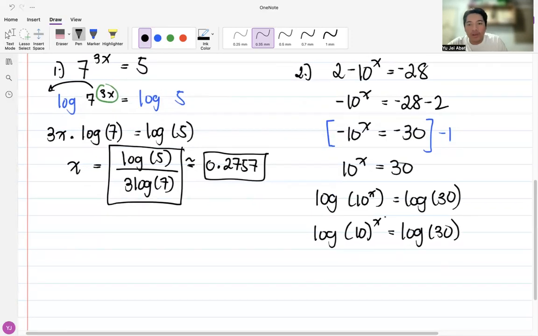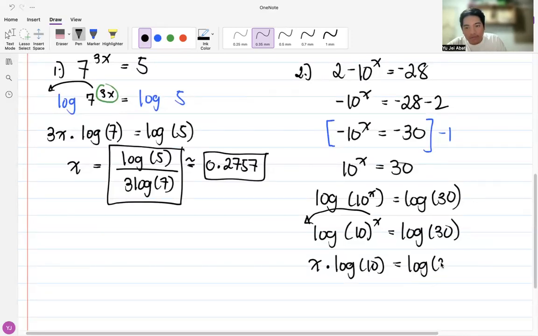So what are we going to do here? Again, exponent property. So you have x multiplied by the log of 10 equals log of 30. So isolating x, we have log of 30 all over log of 10.